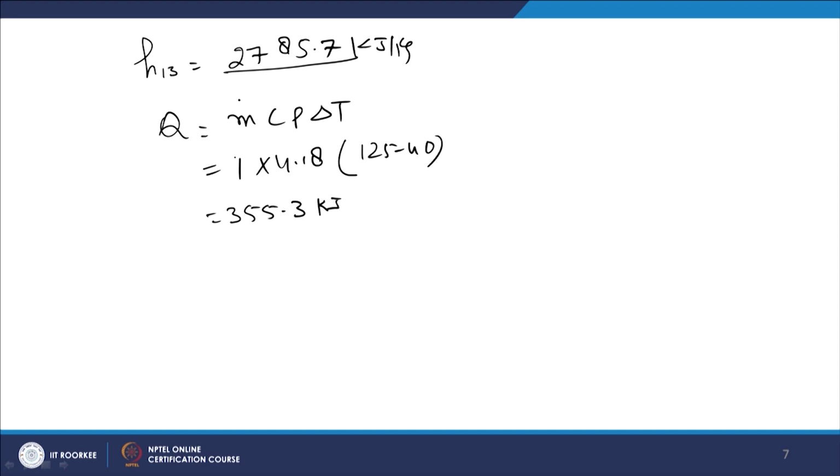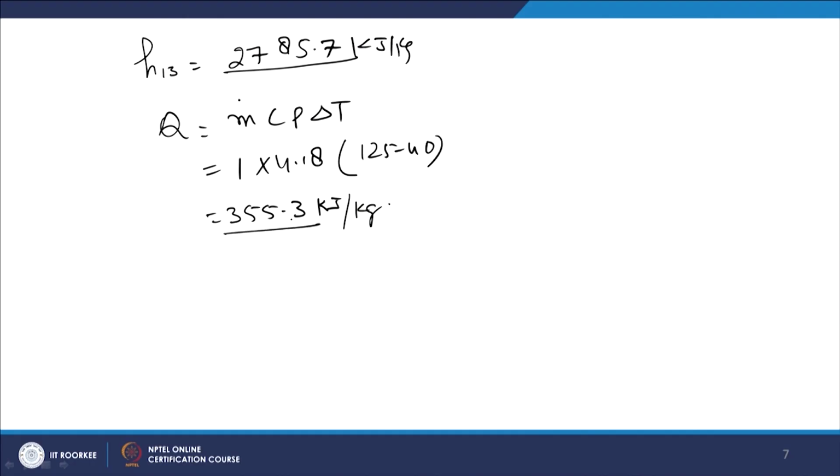If we take 1 kg of water, then it is kilojoules per kg. Or if mass flow rate is 1 kg per second, then it will be kilowatts. So, Q per kg of water is 355.3 kilojoules per kg.